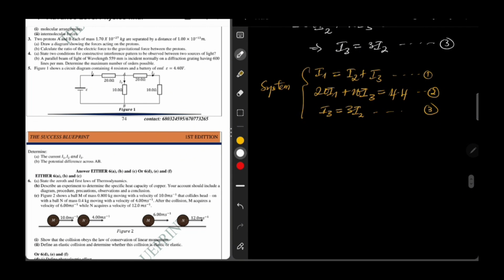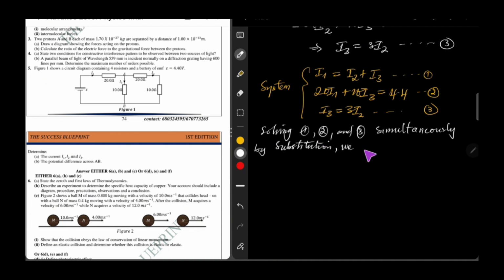So let's use substitution. Solving 1, 2, and 3 simultaneously by substitution, we have the following.